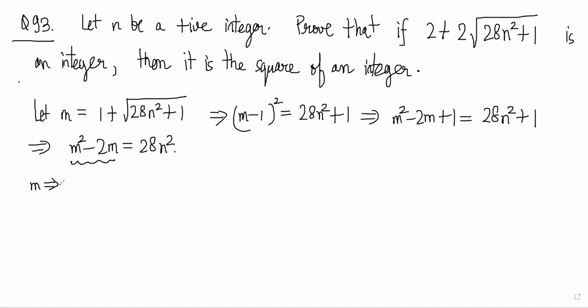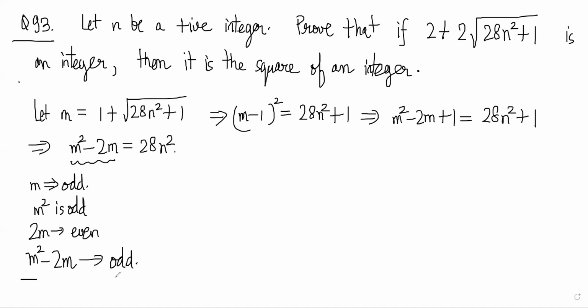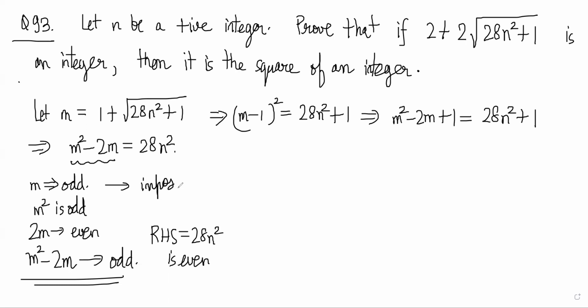If m is odd, then m square is odd and 2m is even, and the difference m square minus 2m is odd. But the right hand side, which is 28n square, is even. So this is impossible. So that means that m is even.